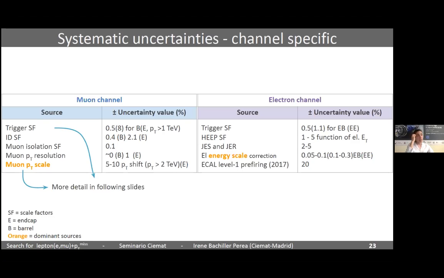But yes, the analysis can also be interpreted with more models. You already have twice the statistics, so you will improve. But there are more channels to explore, so I think it's worth it.